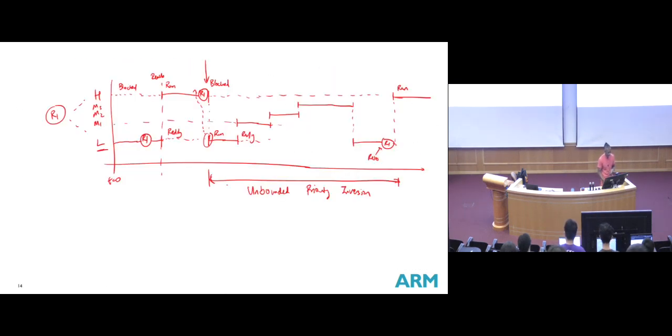So for priority inheritance, it happens at the time when the high priority task is blocked. Priority ceiling is here.